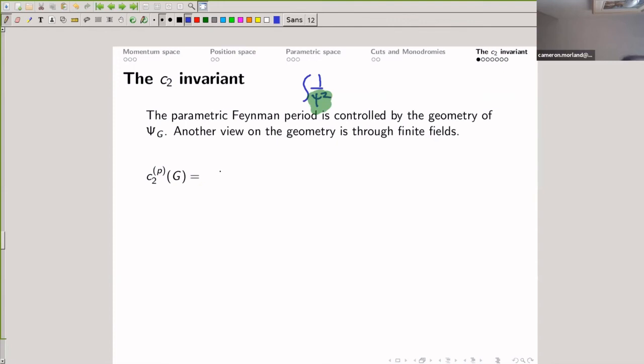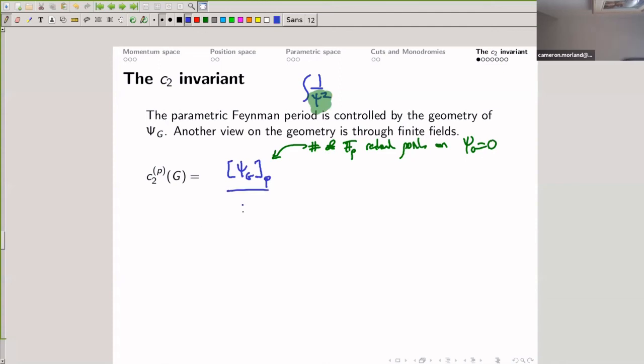As long as your graph has at least 3 vertices, it turns out that if you take a point count, so let's see, I'm going to write it like this, and then I'm going to write in another color what that means. So that means the number of F_p rational points on the variety psi_G equals 0.